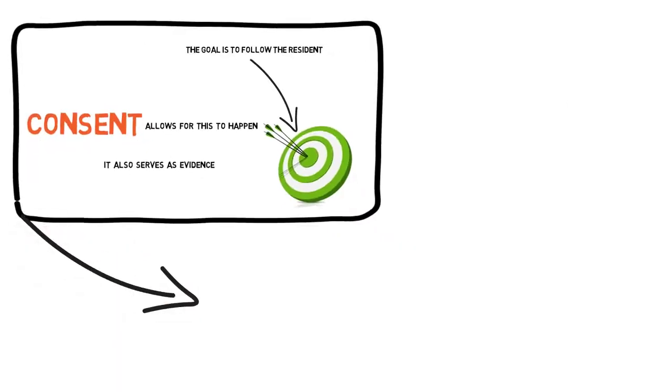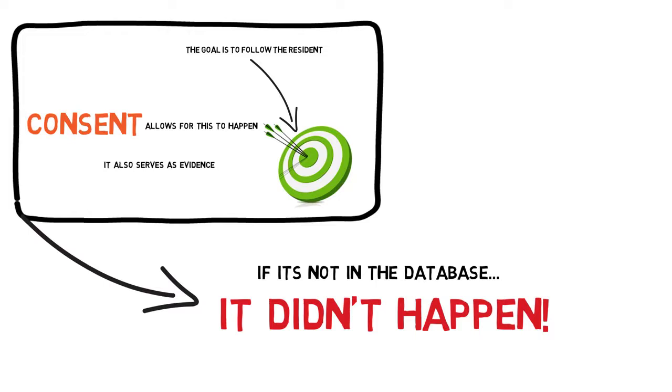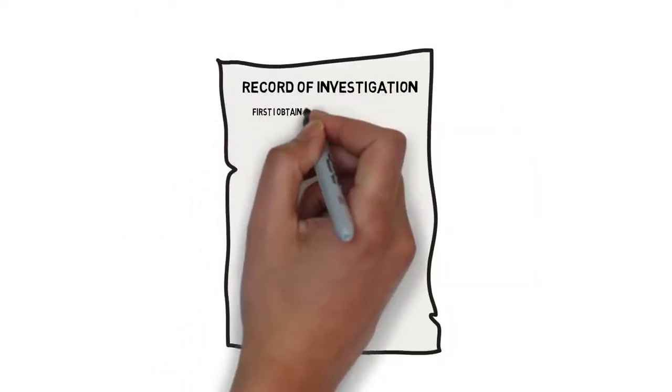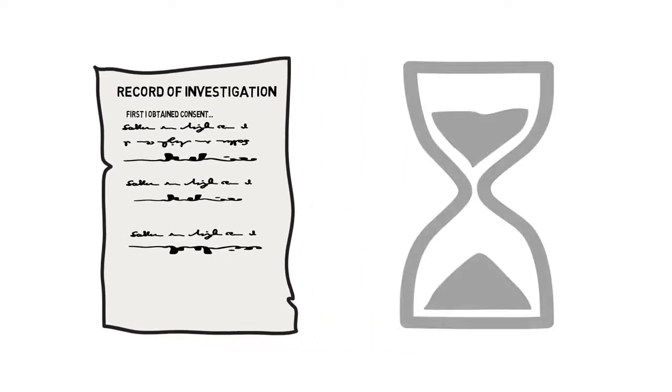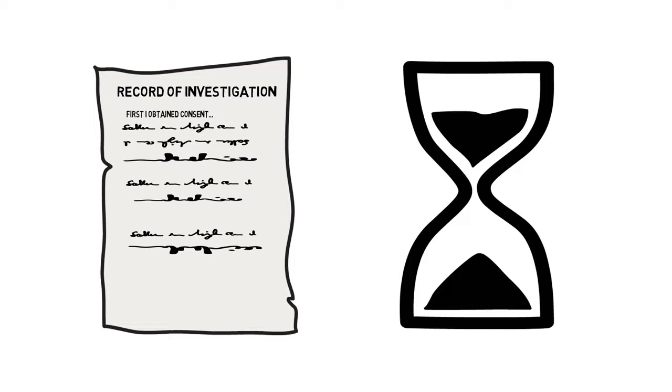And this leads us into, if it's not in the database, it didn't happen. It is really important that you record a detailed step-by-step summary of what happened, and it's updated on a regular basis. Documentation is proof that the ombudsman has fully served the resident.